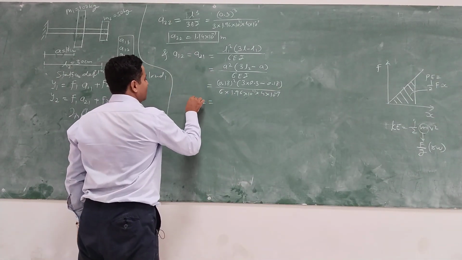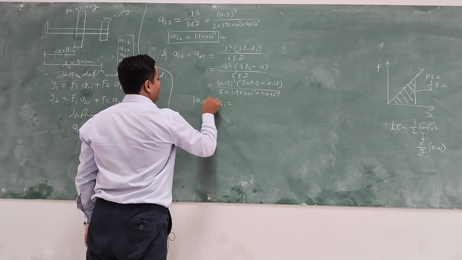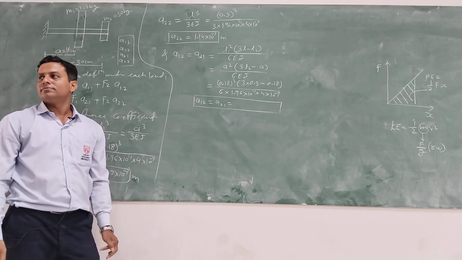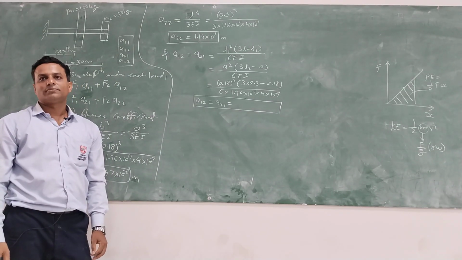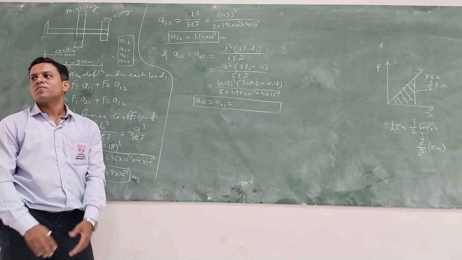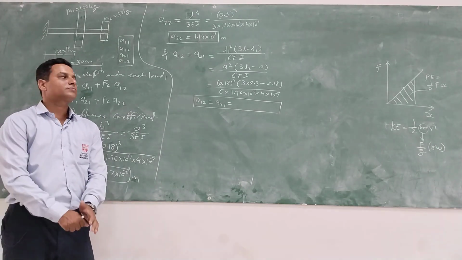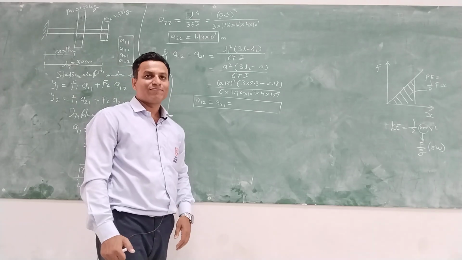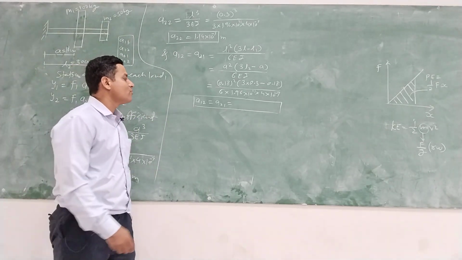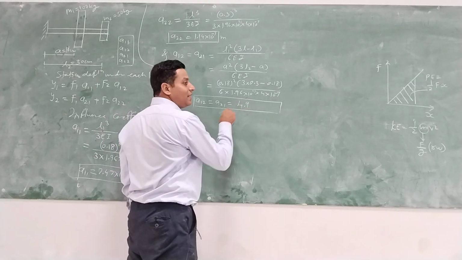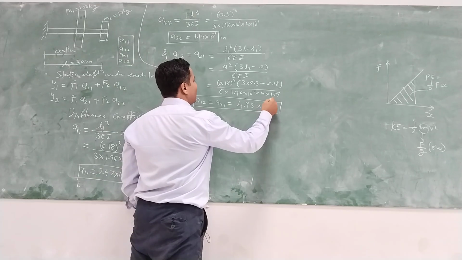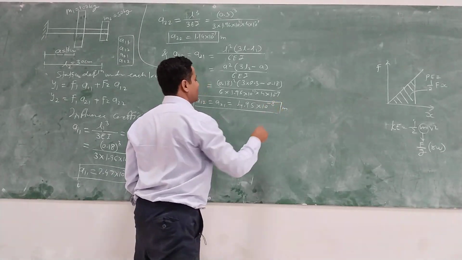Solve this one, you will get A12, that is A21. 4.95 into 10 raised to minus 8.